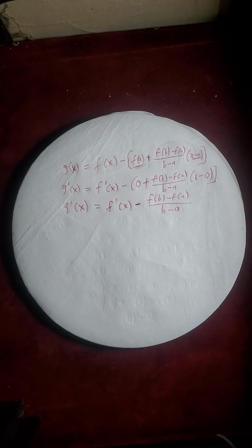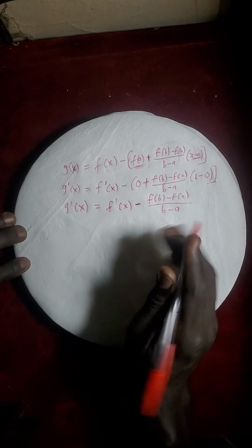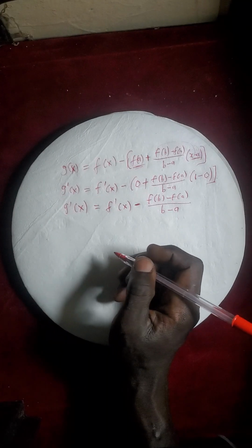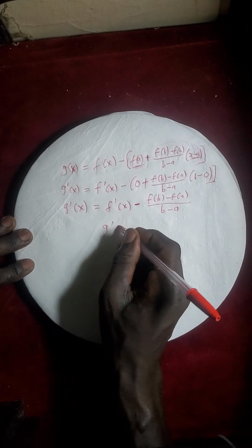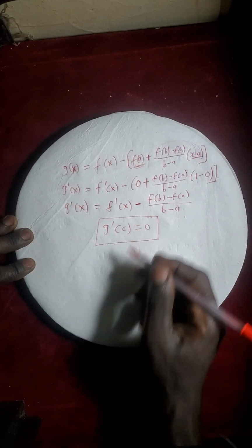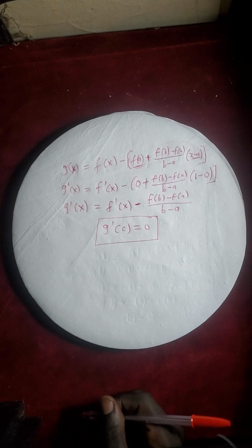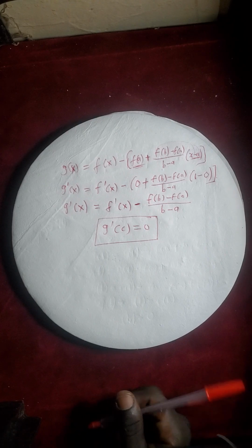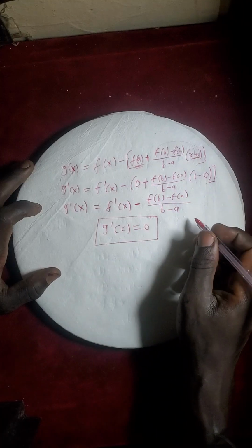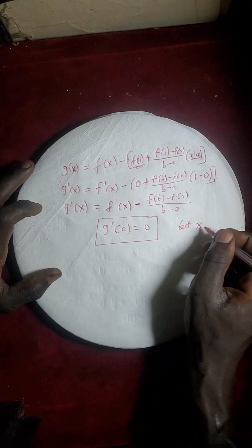Now when you're proving this one, we know there is a concept which talks about g prime of c becoming a 0. This situation, g prime becoming a what? A 0. G prime of c. So this means that let your x become a what?